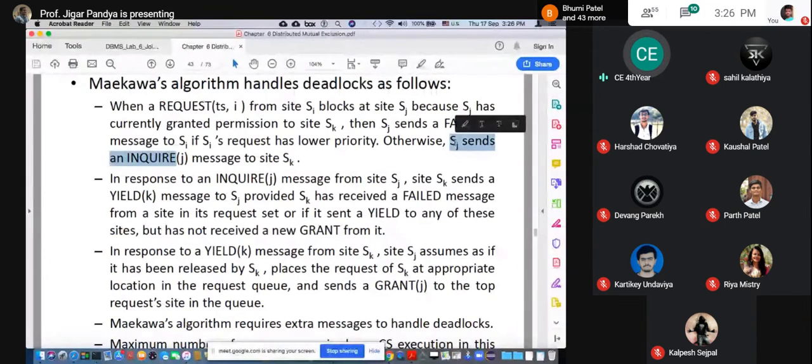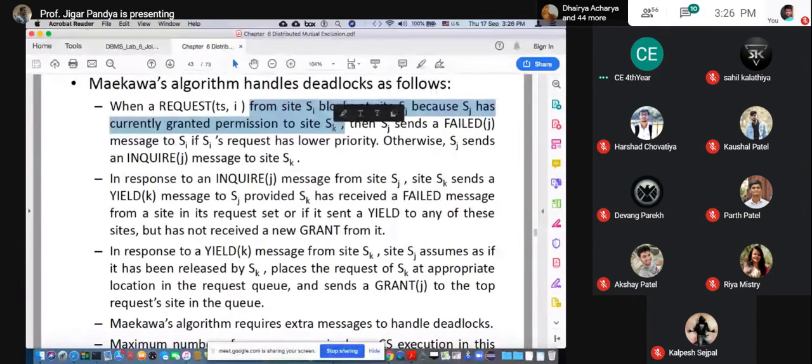At this time, Sj will send another message called inquire to Sk. So what is the scenario? Site j, the mediator site, has already sent an acknowledgement, like a go, to Sk, whose priority is lower than Si's. In that scenario, Sj sends an inquire message to Sk asking if it has not already started entering into the critical section.